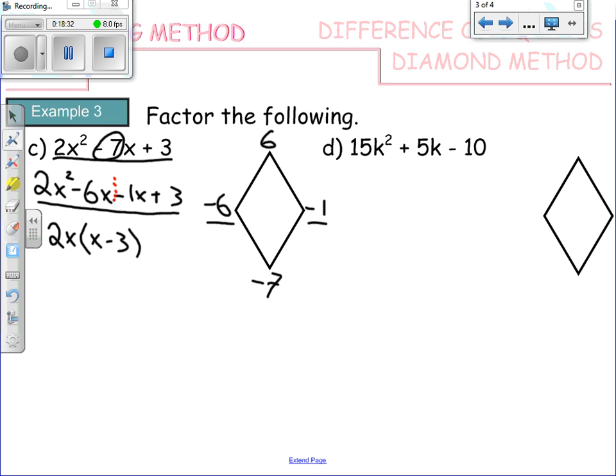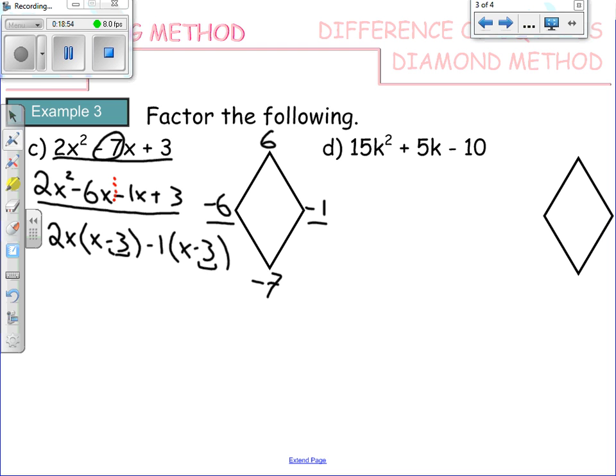Negative 1. X minus 3 is left over. He took out a negative 1 because he knew he had to get negative 3 in here, because it has to be the same as this side. So x minus 3 is going to be one of your things.